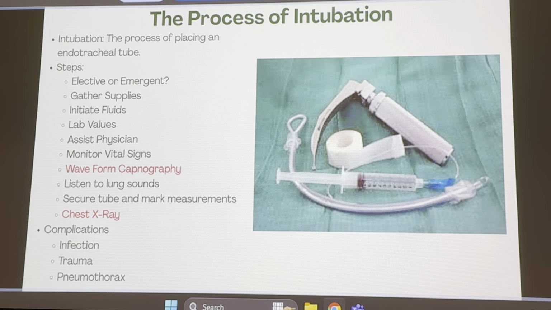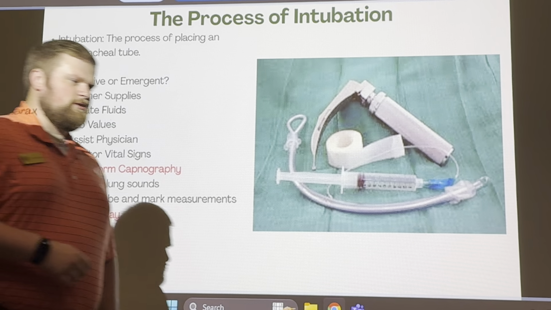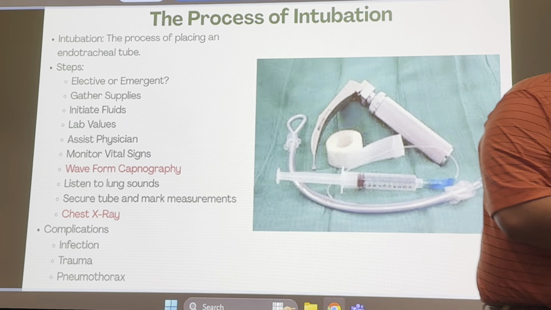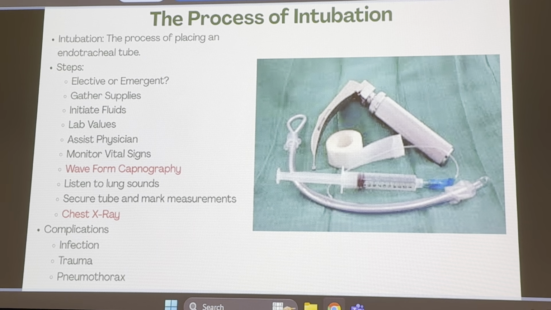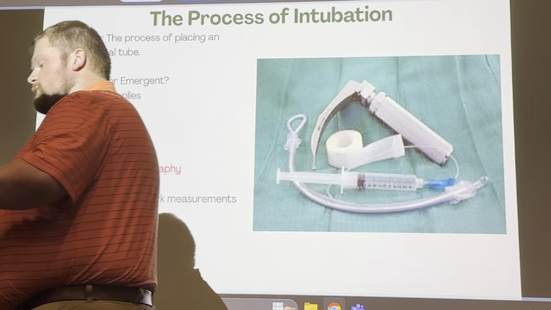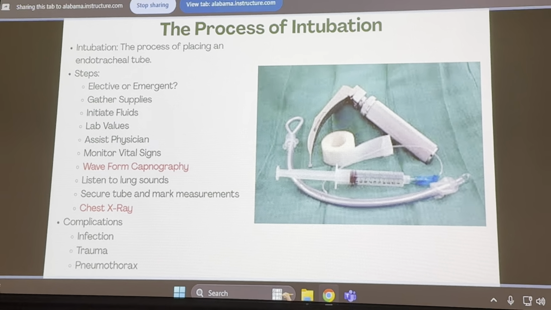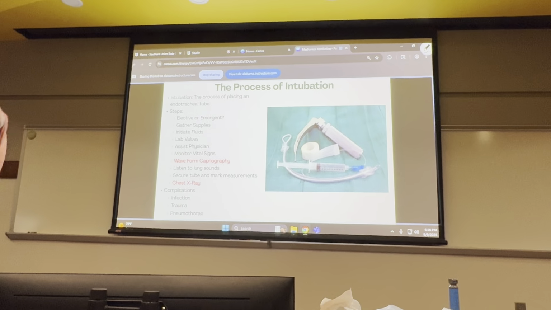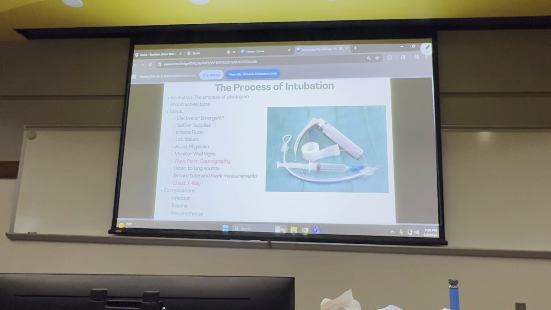All right, we already talked about the stylettes, which are the little silver pieces, the kind of stiffer pieces that make it a little more stiff, allowing the endotracheal tube to go in and be placed where it needs to. We also have something called a bougie. Some people just call it a blue stylet, but we call it bougie.